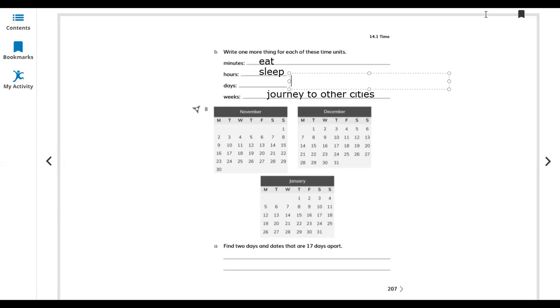If it is within a city, simple, you can write a visit to a friend's house or friend's home.